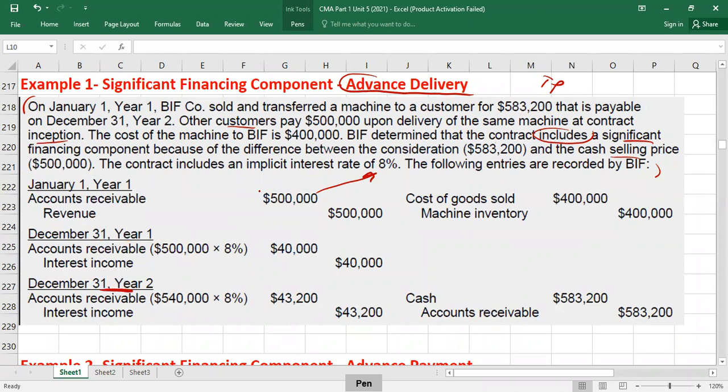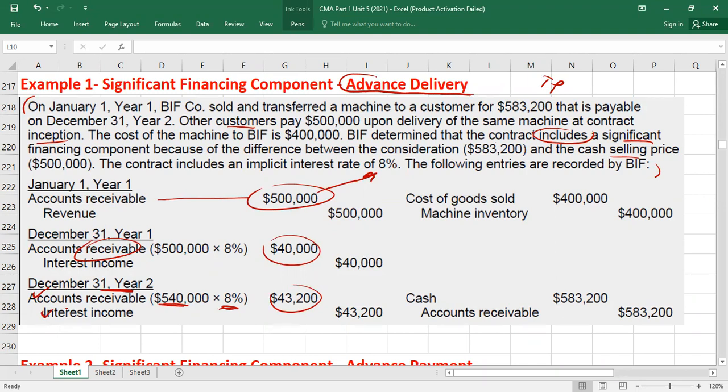Now, total receivables are how much? 500,000 plus 40,000, so 540,000, times 8%. This will give you another interest of 43,200. Again, you pass the entry: debit receivables and credit interest income.